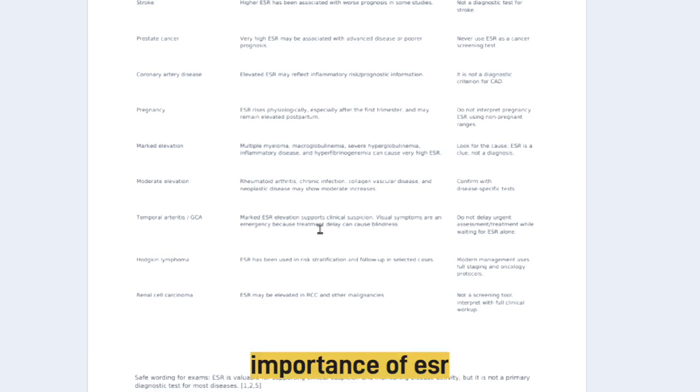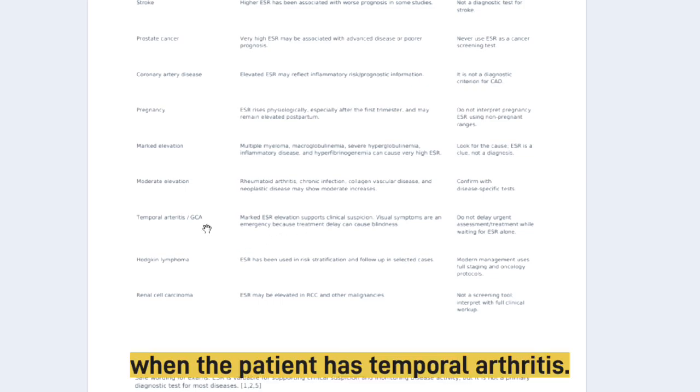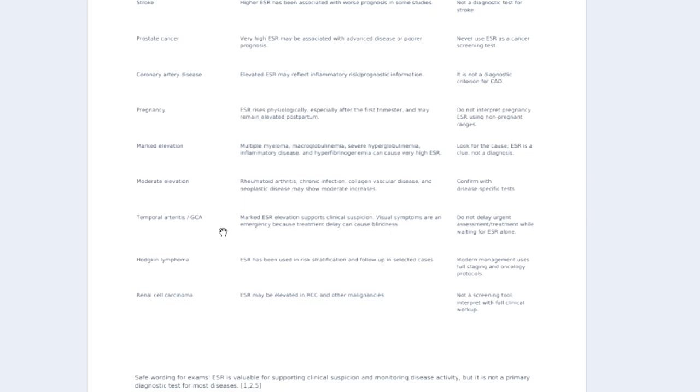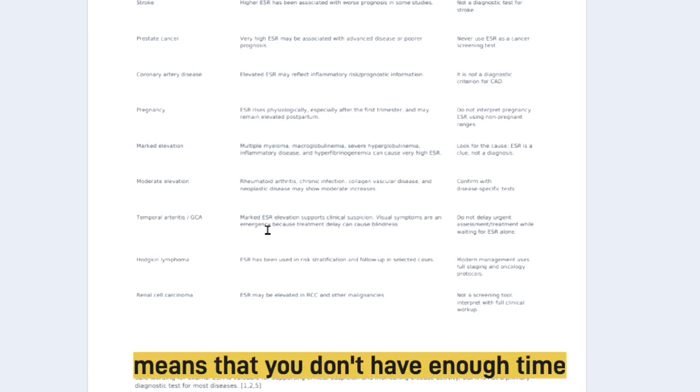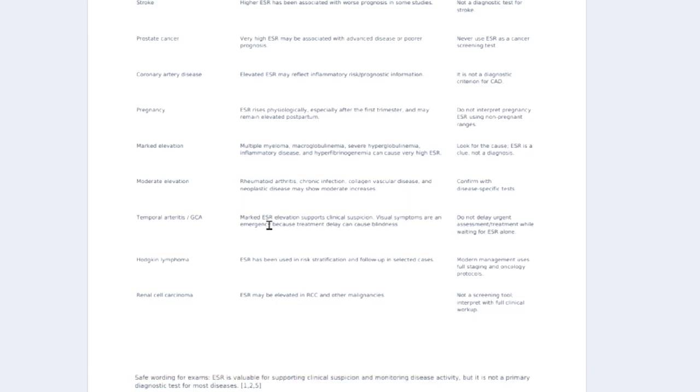Another interesting and life-saving importance of ESR is when the patient has temporal arteritis. In temporal arteritis, a marked increase in ESR means that you don't have enough time to begin steroid therapy.